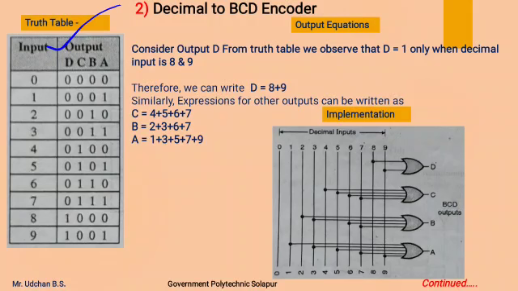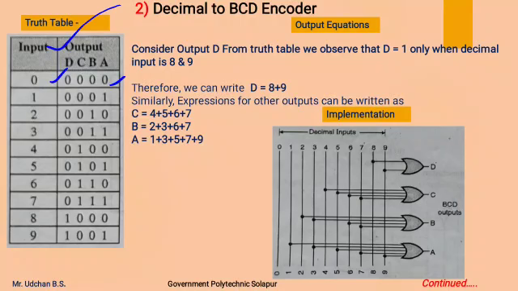Using the same thing, the BCD of each decimal number is written in this output column. For 0, the BCD code is 0000. Likewise, the BCD codes for all other inputs are written, and from this truth table we are going to find the equations of D, C, B and A, by which we can implement the decimal to BCD encoder.